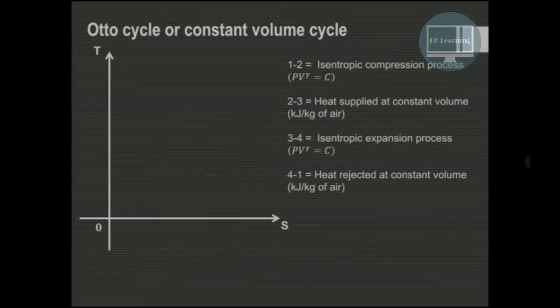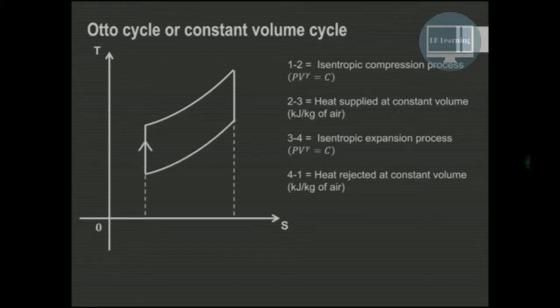Now let us see the same diagram on TS plane. As you can see over here, during 1 to 2, which is the isentropic compression process, entropy will remain constant. 2 to 3, the heat is supplied at constant volume, and as the heat is added, we know that entropy is a function of heat, and therefore when the heat is added to the system, the entropy of the system will increase.